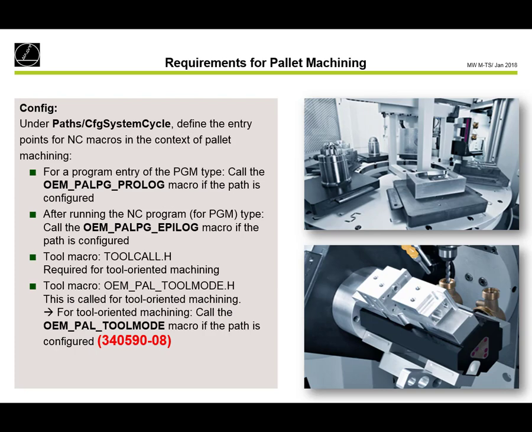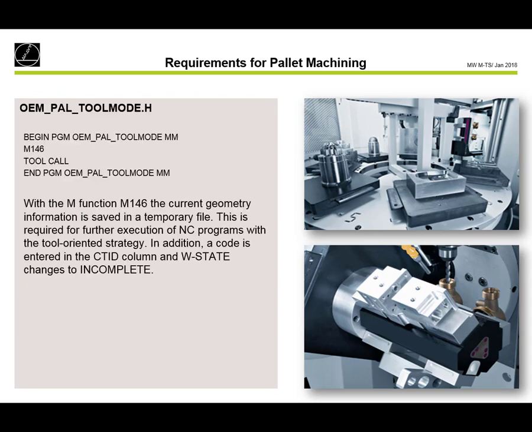For tool-oriented machining, we also need a tool call macro, and we need a special OEM pallet tool mode macro. This is for tool-oriented machining. The entries here are very simple. It's just an M146 and a tool call.